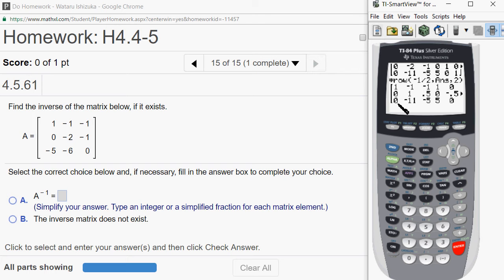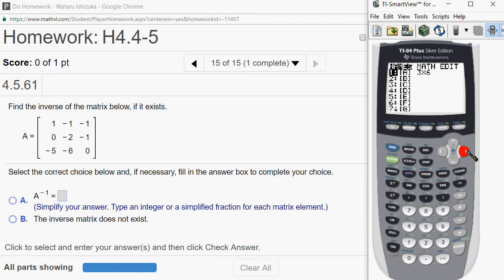Now we got 1 here, even though we got some fractional numbers here, but that's alright. And now we have to turn everyone else into 0. So let's try to turn -1 into 0. We just simply add second row to the first row. So we can do second and matrix.